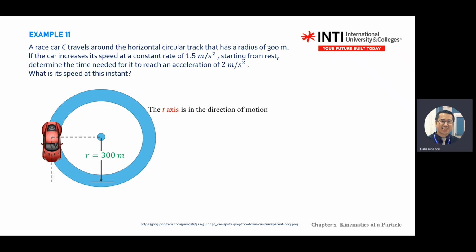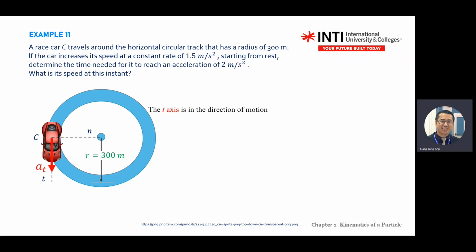First, still the same, draw the normal tangent axis because it's a curved motion. Which one is normal, and which one is tangent? Normal always points to the center of the curve, and tangent always follows the motion of the object. So N and T; not T going up, so be careful on that.